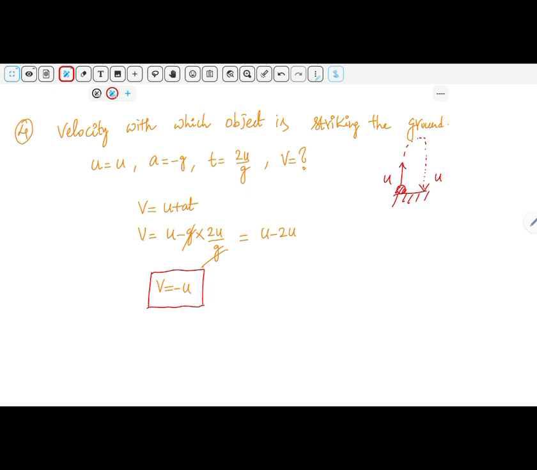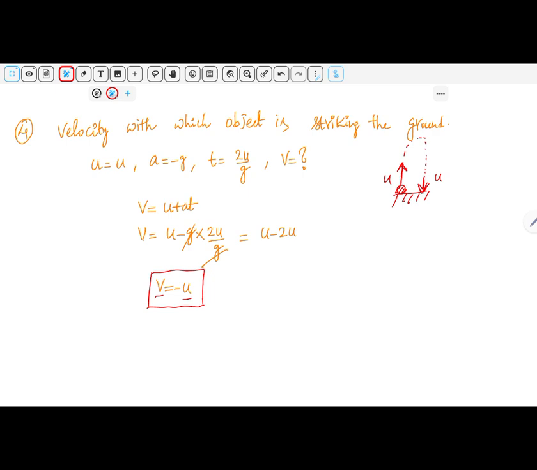See here, in magnitude, v is equal to u. So what we can understand is that the initial velocity with which the object is released from the ground is the same as the velocity with which it is striking the ground. That we need to understand.